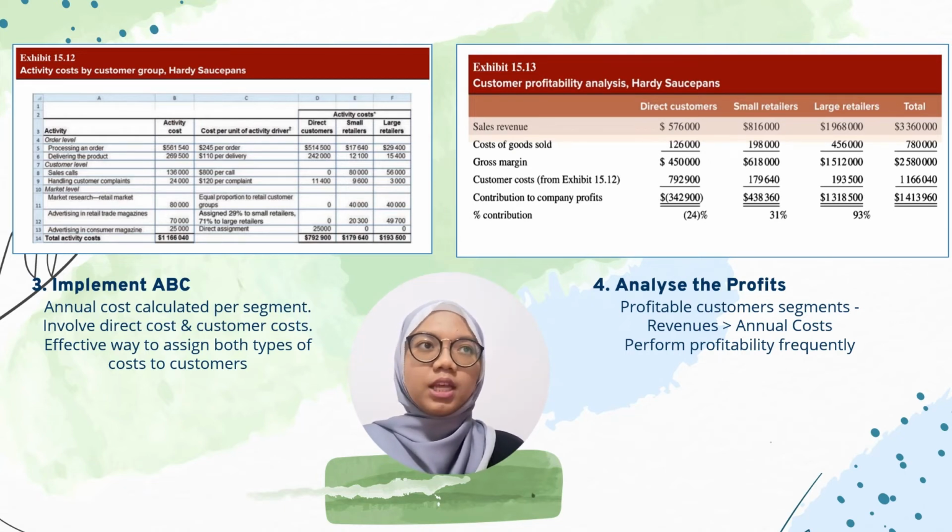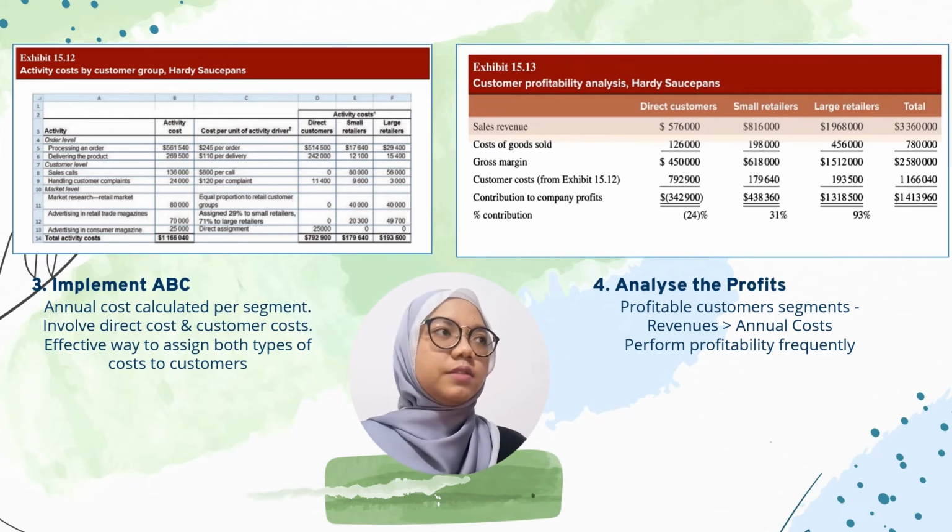After all of the cost is allocated accordingly, each of the customer segments will obtain the cost incurred annually. We can see that on the left side, Hardy Saucepan has listed out all of the activities according to the 3 customer-driven levels. We can see that there are processing an order, delivering the product, and so on.